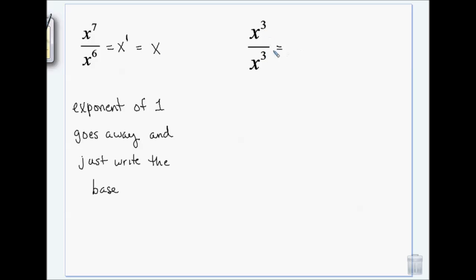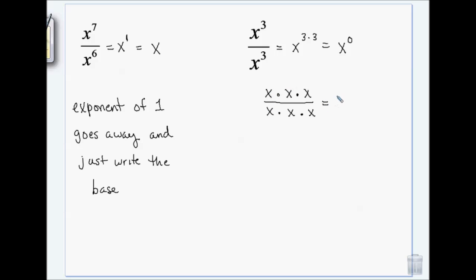Now, x to the 3rd over x to the 3rd, that's 3 minus 3, so that's x to the 0, which literally means I have no x's. But what do we do with it? If you think about it this way, x to the 3rd is 3 x's, right?